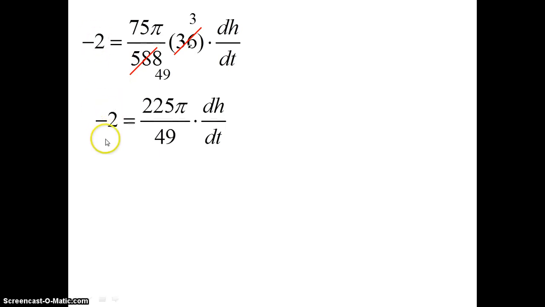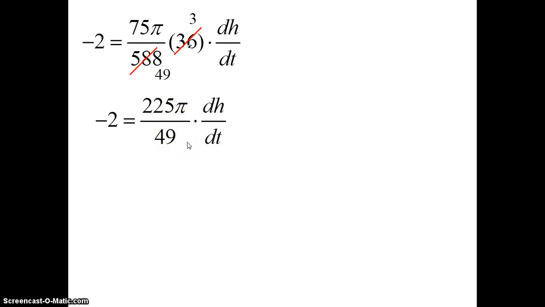So I get our -2 from dV/dt equals 75 pi times 3, which is 225 pi, and then our 49 on the bottom, times dH/dt. Now to isolate dH/dt, you have a couple of choices. Number one, you can divide by the fraction 225 pi over 49, which I think looks messy.